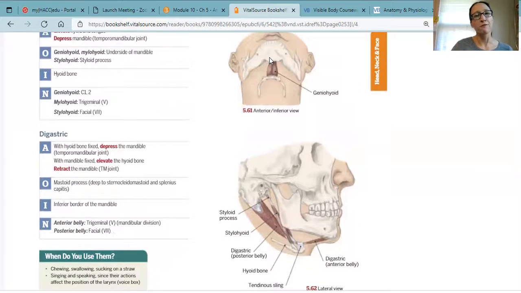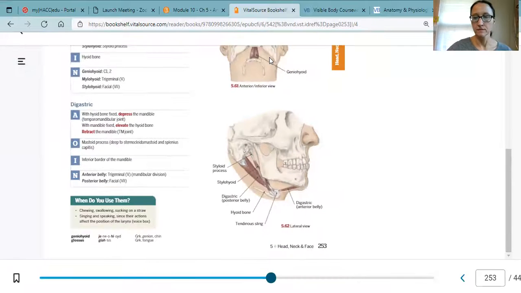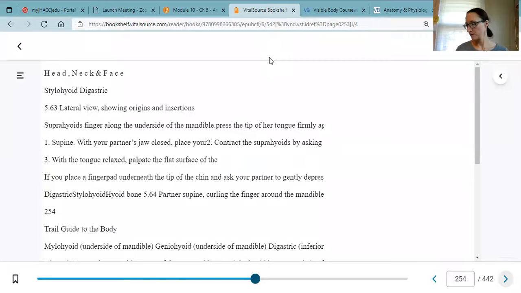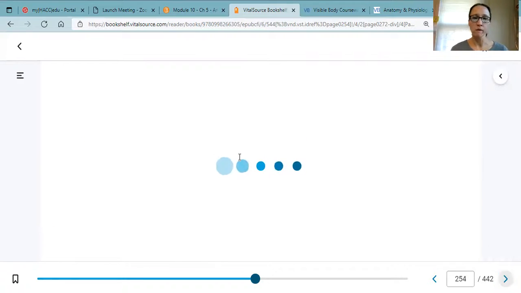These also help affect the position of the larynx, which is your voice box. So that's how they affect speaking. Now, since we haven't talked about the larynx yet, that'll be in physiology. I'm not going to go into that right now. This page just shows you the origins and insertions and where these things actually attach. Again, I'm not interested in that for you.